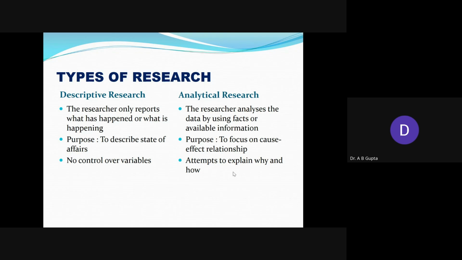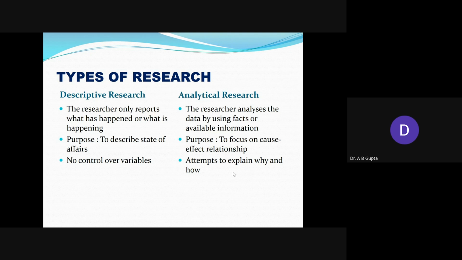And compare it to analytical research. What is analytical research? In analytical research, you are analyzing the data. Some data is available, either it is already available or you collect certain data, and you make use of this information and analyze this data.